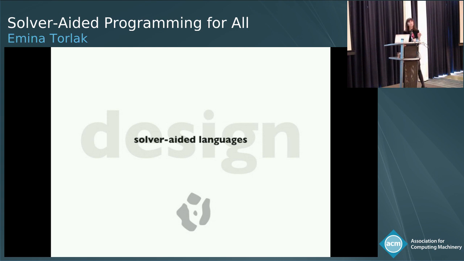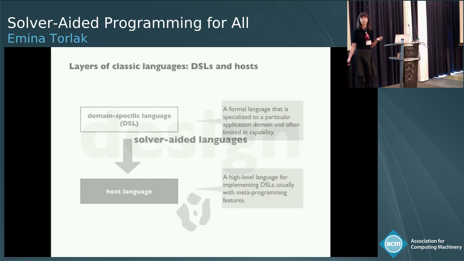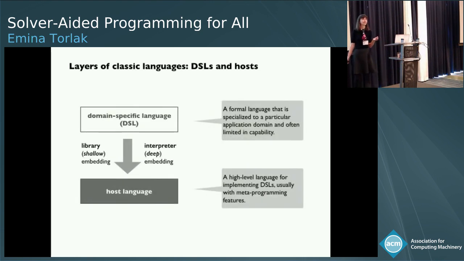At a high level, building a tool in Rosette is essentially a task of embedding a domain-specific programming language into a host language. Here I'm using the phrase domain-specific programming language in a very generous way. It's a formal language that's specialized to some domain. It can be Turing complete. It doesn't have to be.